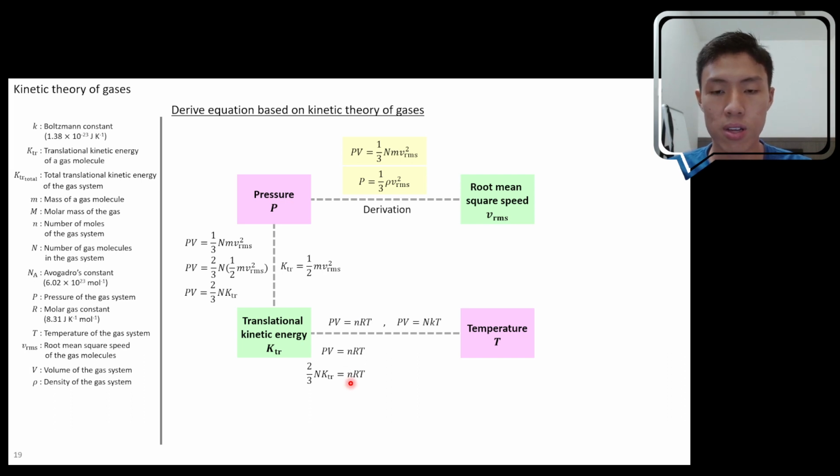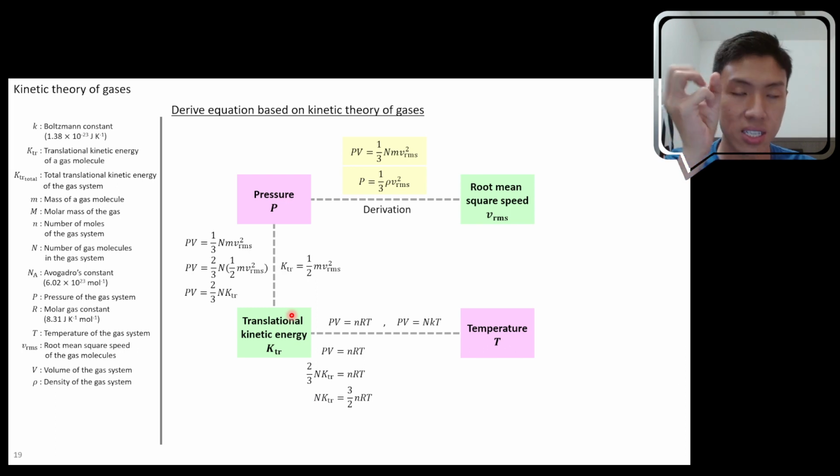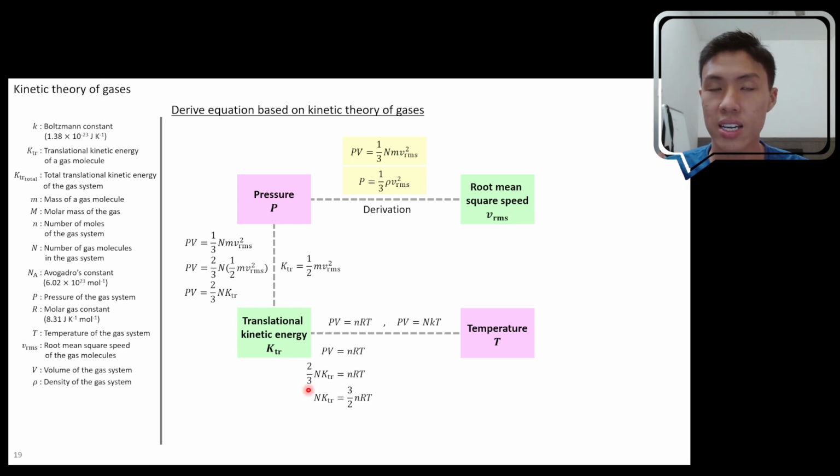Now we are going to manipulate this equation by bringing the 2 over 3 to the other side, making it 3 over 2 nRT. I want to bring your attention to the left-hand side of the equation. This KTR here is the translational kinetic energy of one single gas molecule. So if you take the kinetic energy of one single gas molecule and multiply by the total number of gas molecules in the gas system, what you get is the total translational kinetic energy in the system.